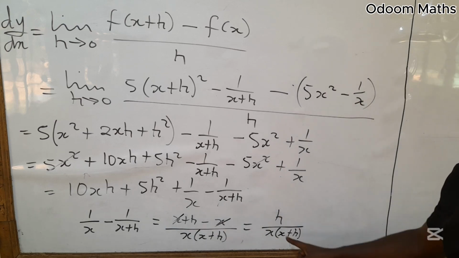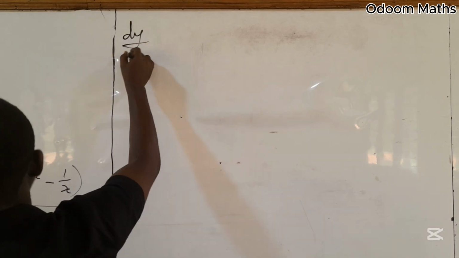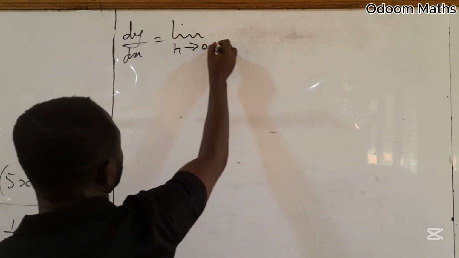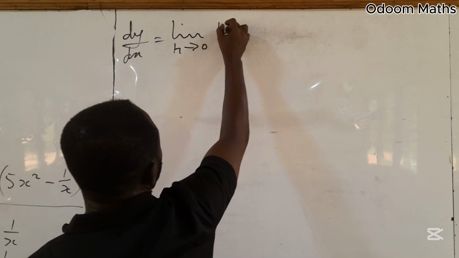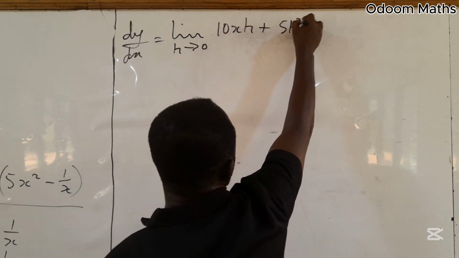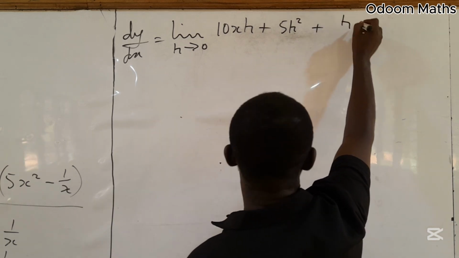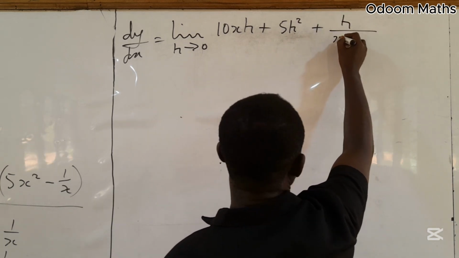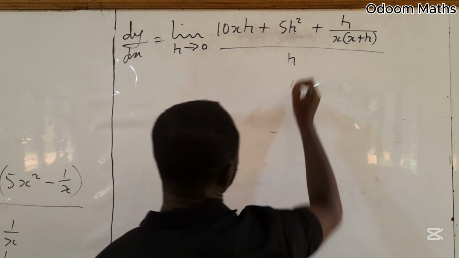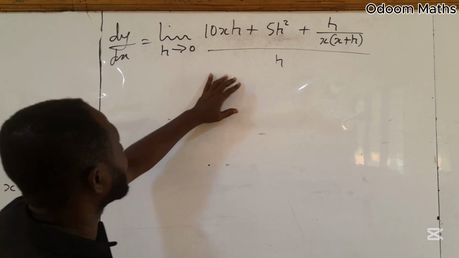Where I see 1 over x minus 1 over x plus h, I'm going to put this there straight away. So I have my dy dx equals the limit as h approaches 0 of 10xh plus 5h squared plus h over x into bracket x plus h, all over h. So I'm going to divide each term here by h.